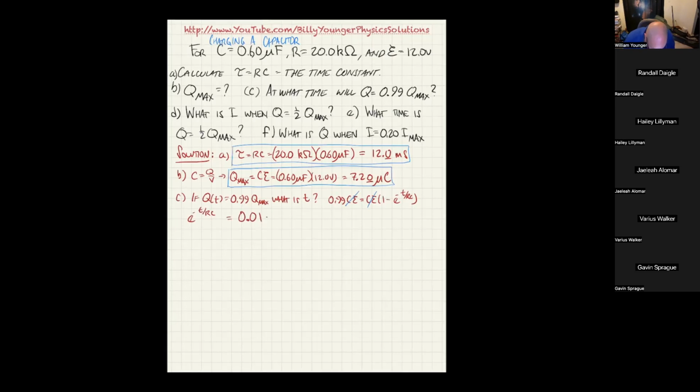Now, with that, what we do is I take the natural logarithm of both sides. So I'm going to say the natural logarithm of e to the negative t over RC is equal to the natural logarithm of 0.01, like this. Okay.